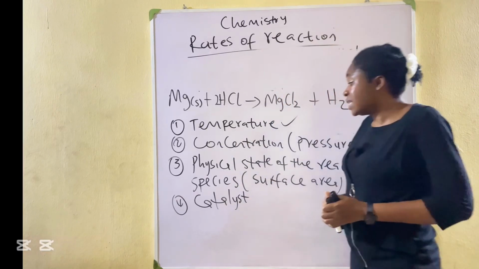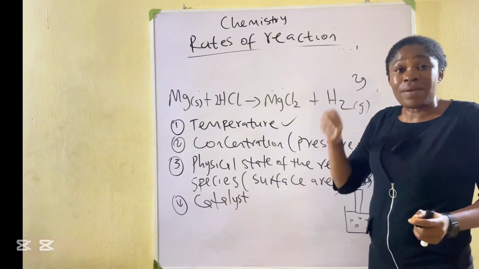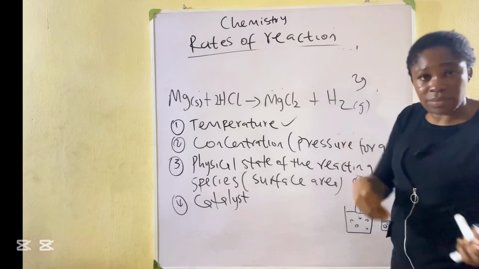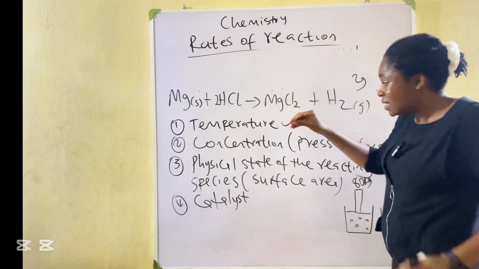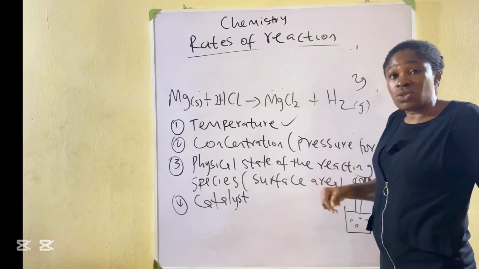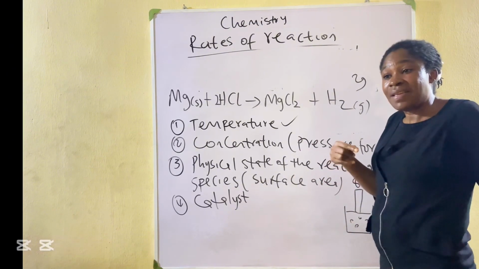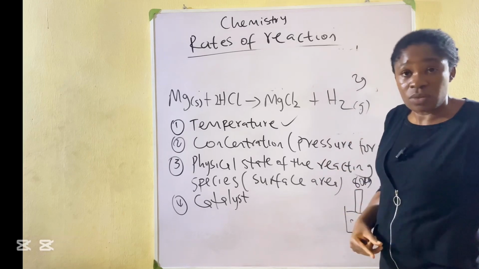So what it simply means is that when you put in 2 grams of catalyst, at the end of that reaction, you also have 2 grams. It will not decrease or be affected, because a catalyst does not change. It does not affect the product that is being formed.